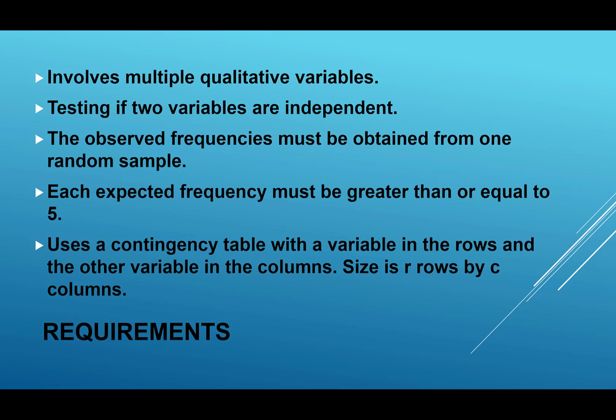And we are going to use a contingency table with a variable in the rows and another variable in the columns. The size is going to be given by R rows, the number of rows, by C columns, the number of columns in our data table.